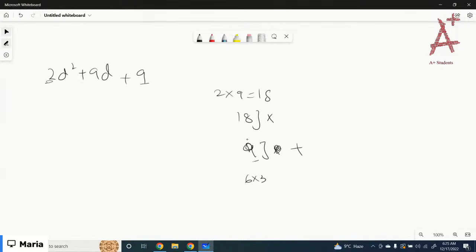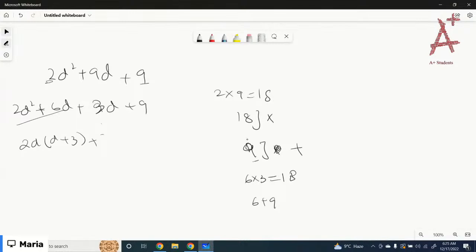It would be 6 times 3 is 18, and when you add them it makes 9, isn't it? So you can write it as 2d square plus 6d plus 3d plus 9. Here you can take common 2d and you're left with d plus 3.